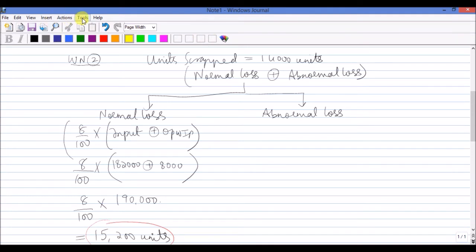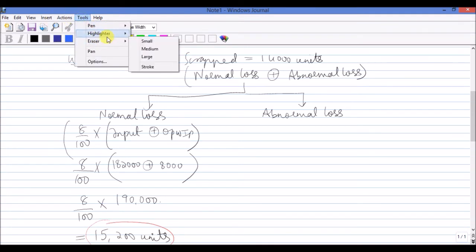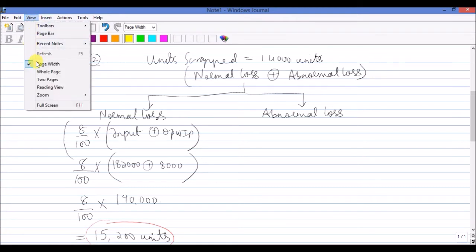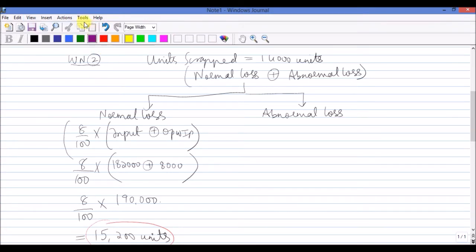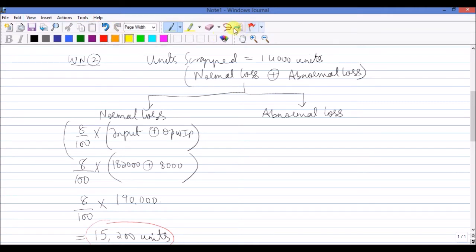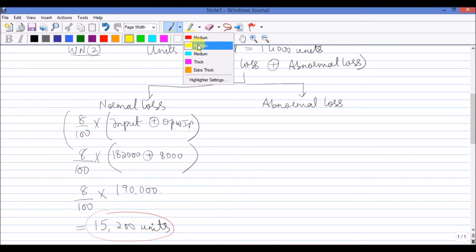What has happened today? Toolbar, so actions, insert, new page, view, page with toolbars, view toolbars, standard. Okay, pen. Sorry, I'm also new to this. Okay, so medium, I'm highlighting something.